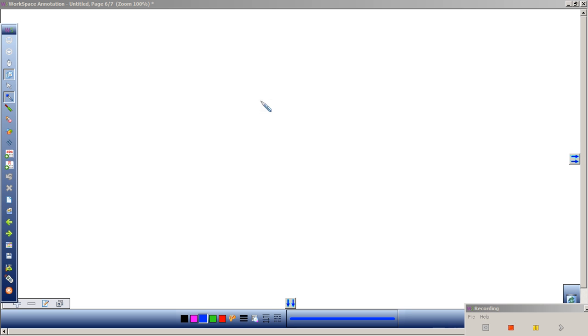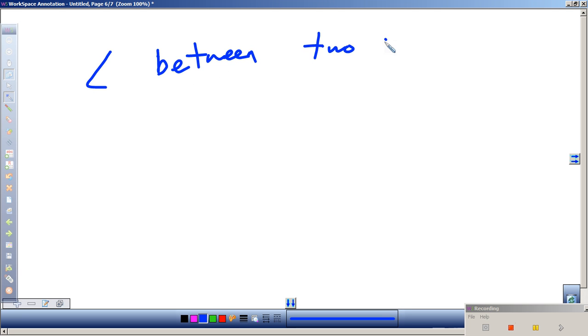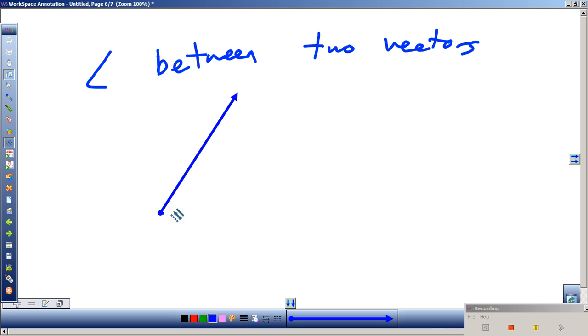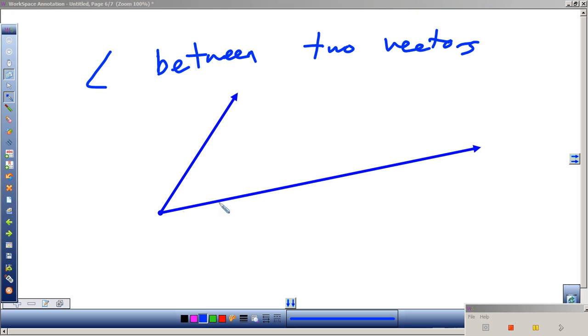Now, some of the uses of this. One of them is the angle between two vectors. So given I've got a vector here and a vector here, what is the angle between them?